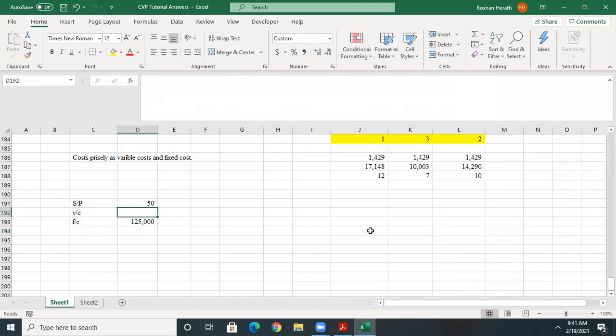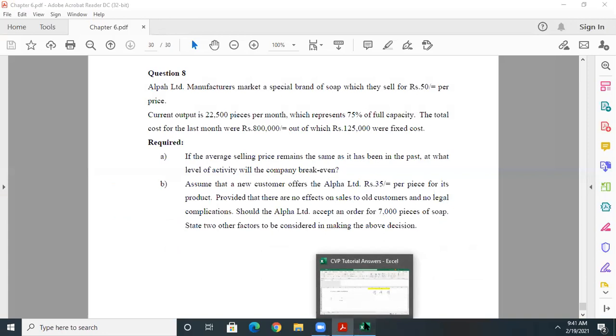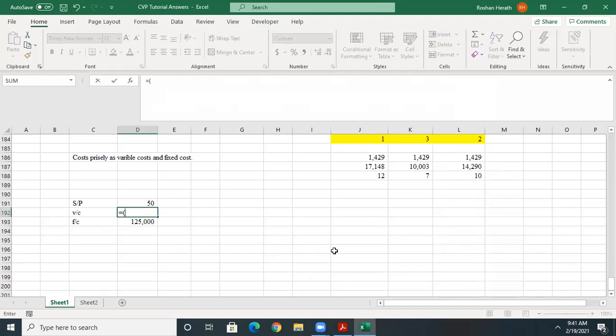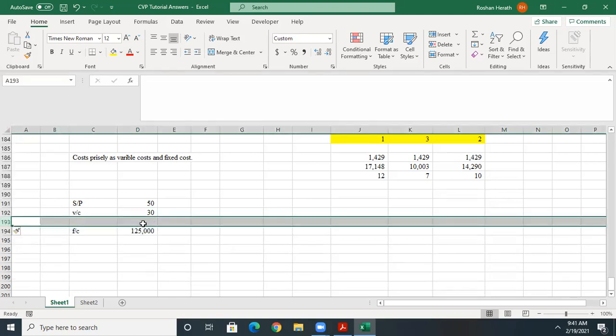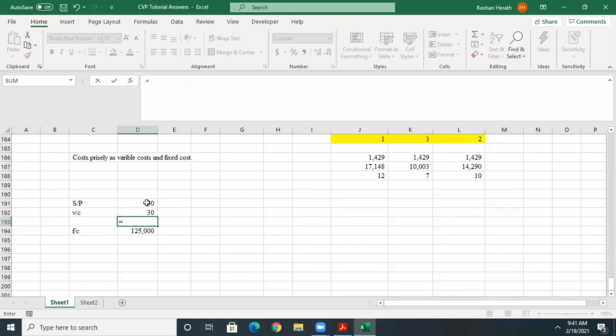So here it says the total cost is 800,000. You take the fixed cost out, there it gives you the total variable cost, and that is for 22,500 units. Hence the variable cost per unit comes to 30. Contribution accordingly is going to be 20 per unit.